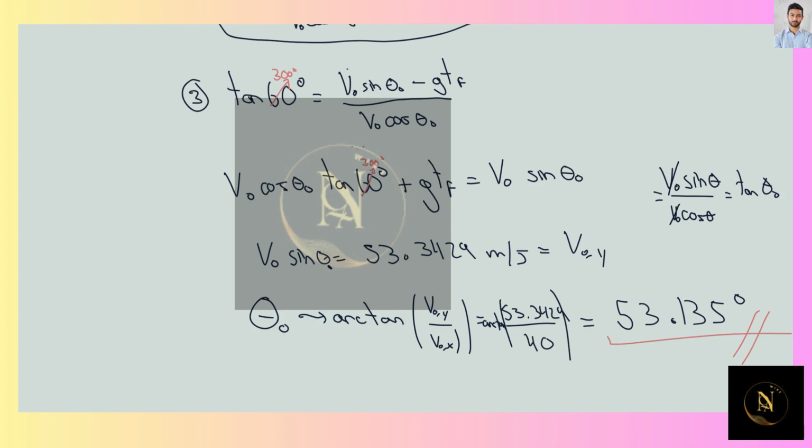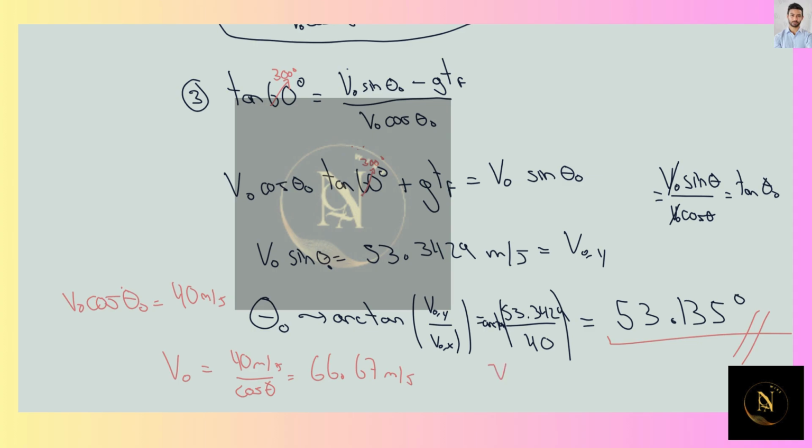And finally, we can calculate v0 from either of the equations. So let's find v0 from the equation on x, which is going to be starting from v0 cosine of theta 0 is going to be equal to 40 meters per second. We know that v0 would be equal to 40 meters per second divided by cosine of theta 0, which gives us 66.67 meters per second.